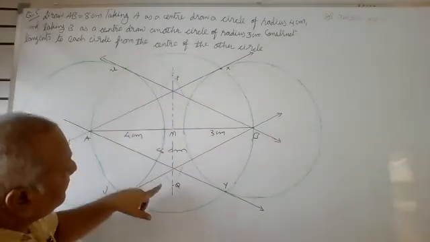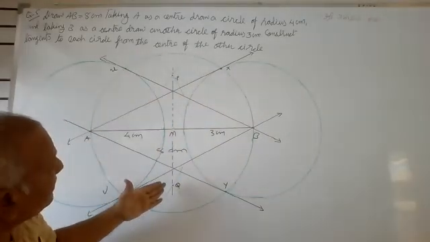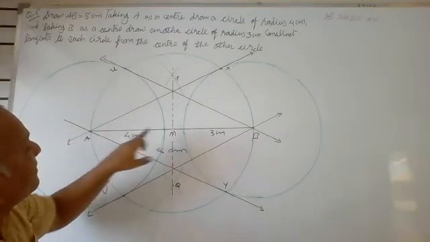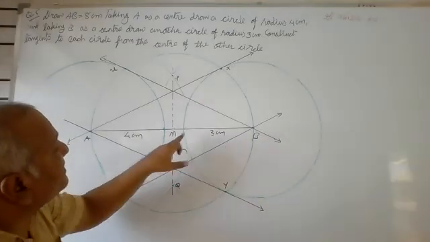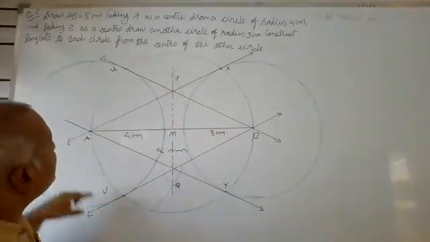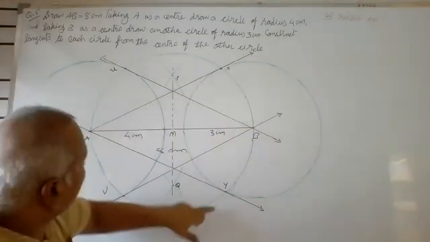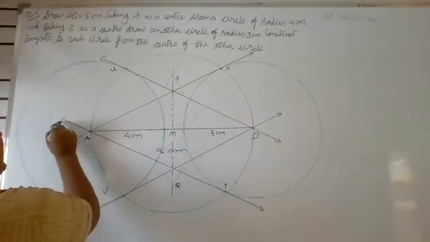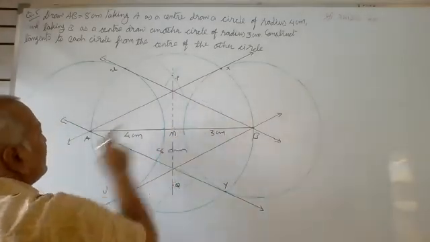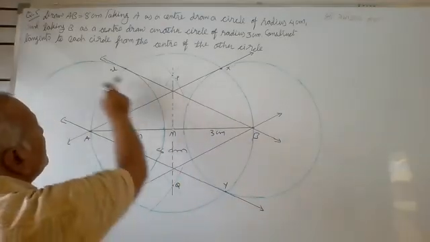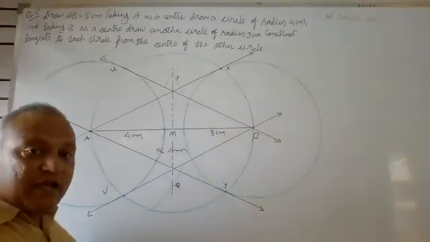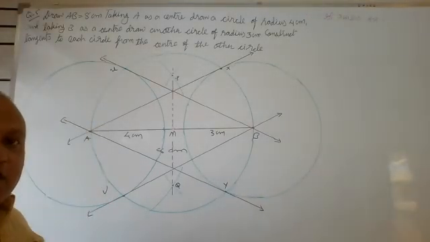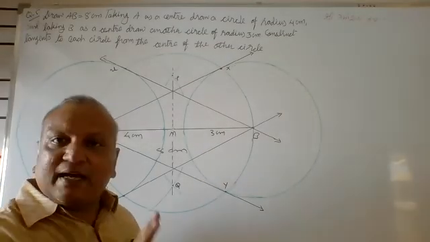Both the arcs meet at P and Q. PQ will intersect AB at M. By taking M as the center and AM or MB as the radius, I have constructed this big circle which intersects at X, Y, V, U. Then line AX is the tangent, AY is another tangent, BU tangent, BV tangent. I hope you can understand this construction.